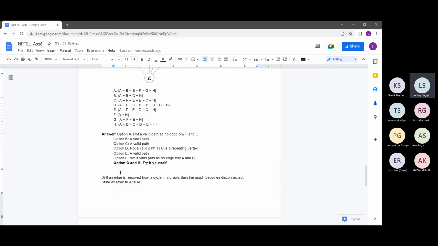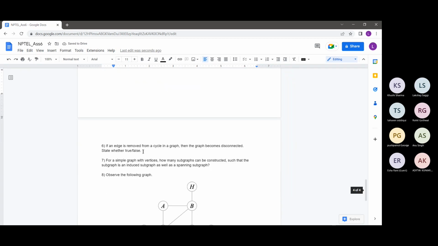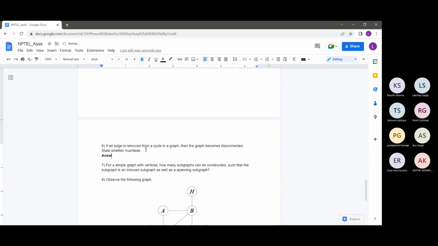So now let's come to, I guess, the sixth question. The sixth question says that if an edge is removed from a cycle in the graph, then the graph becomes disconnected.